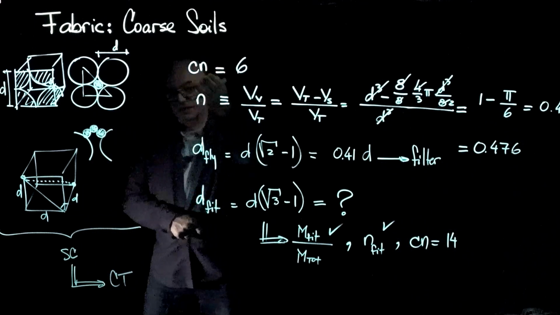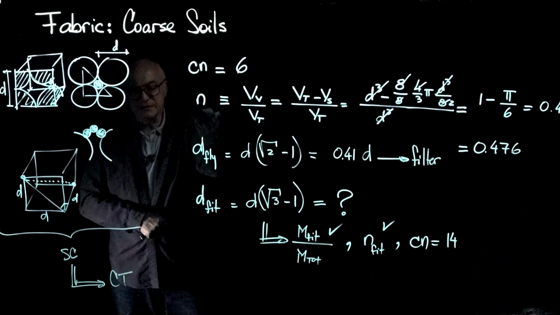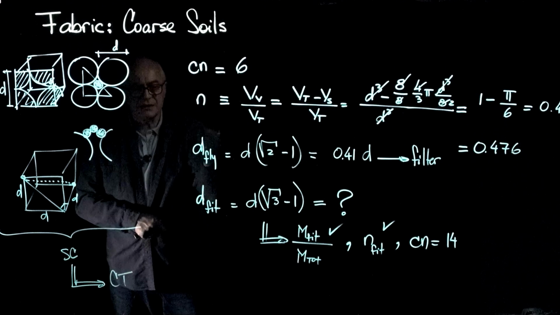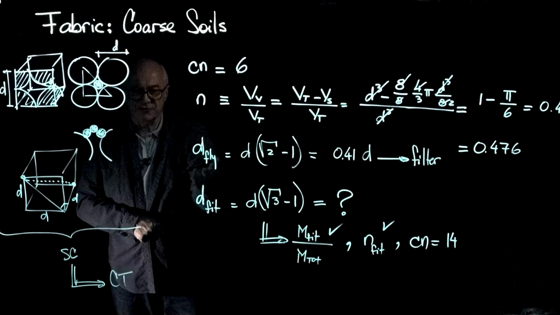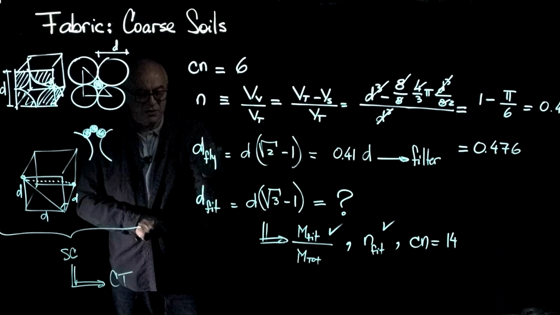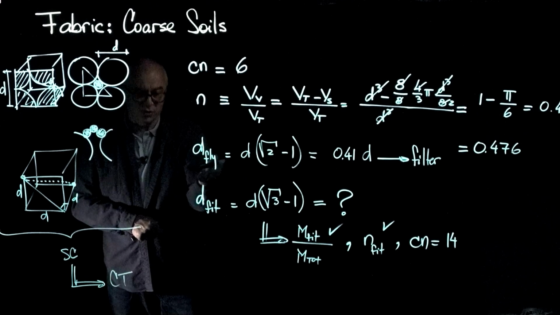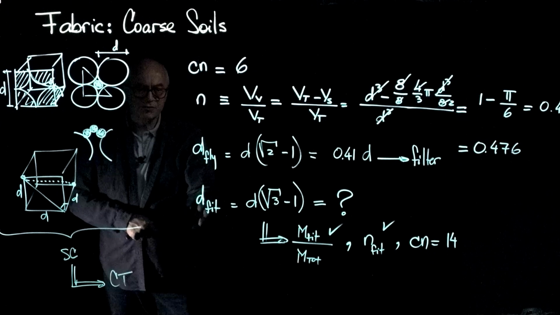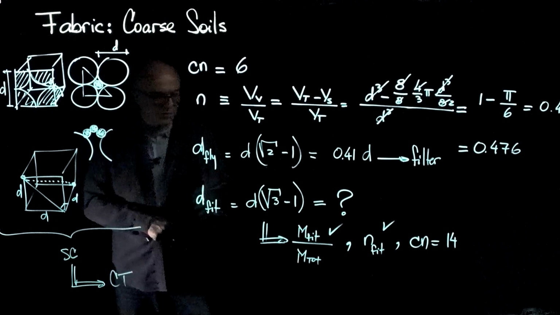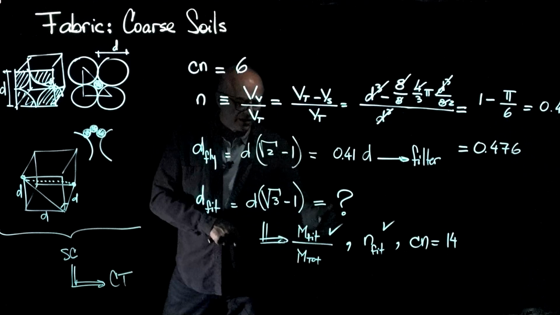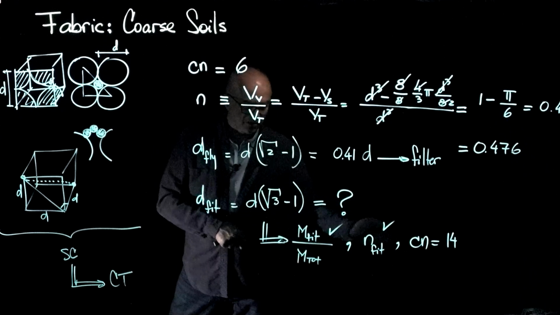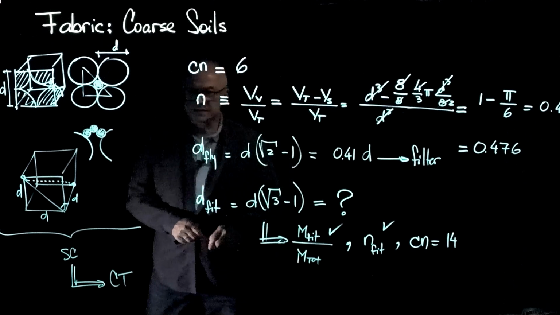What is the coordination number? What is the porosity? What is the largest size of a particle that you can fit in the voids, or that can fly through the pores? And if you manage to fit a particle inside, what will be the impact it will have on the porosity, the coordination number, and the grain size distribution?